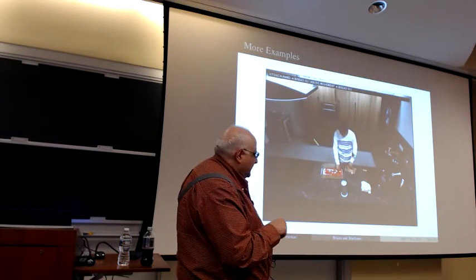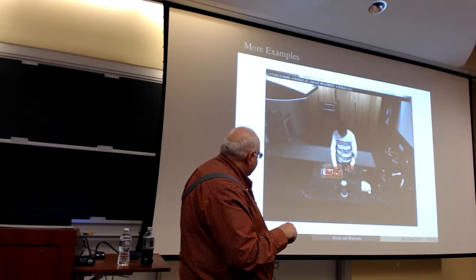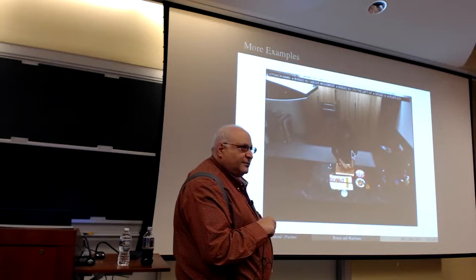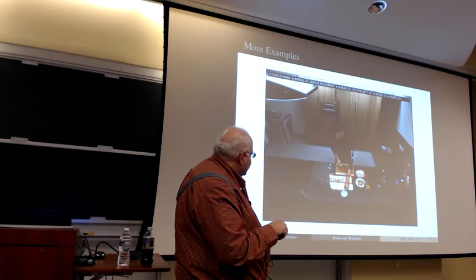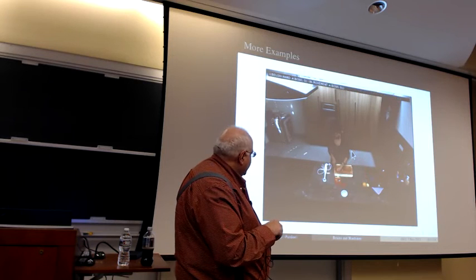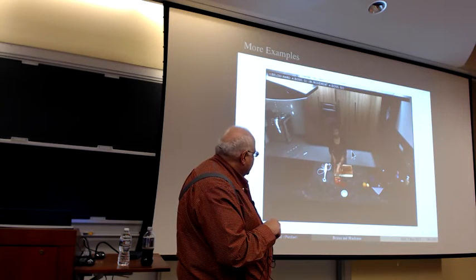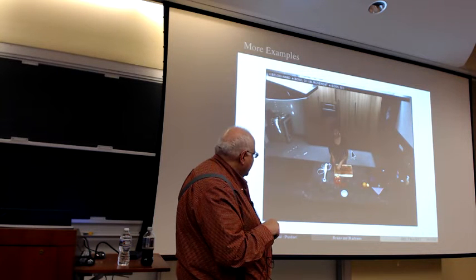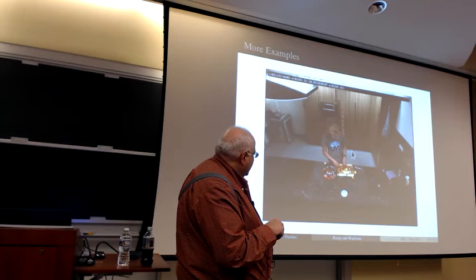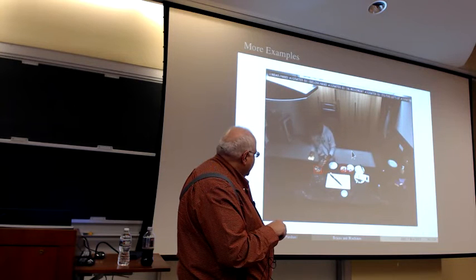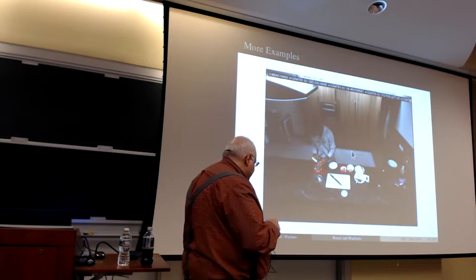And even on the MPI cooking data set, which has objects that are very, very small in the field of view, it can determine which is the bread and which is the plate, and which is the bowl, and which is the bowl here, and the grater, and the plate, etc.